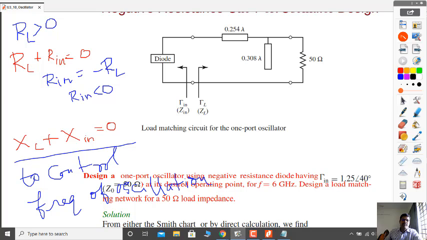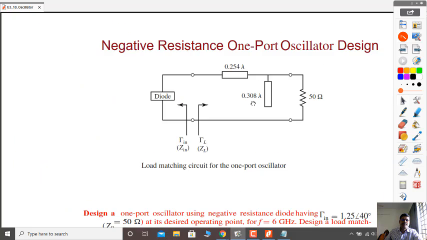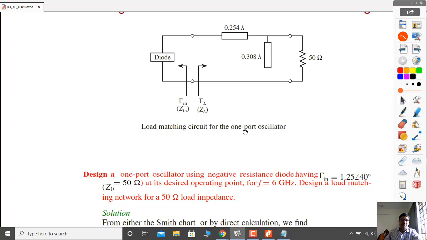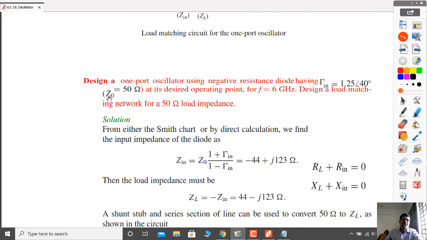Now we see the procedure to design the negative resistance one port oscillator. The design problem is: design a one port oscillator using a negative resistance diode.